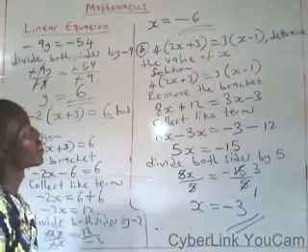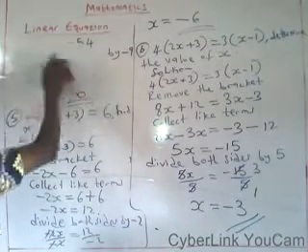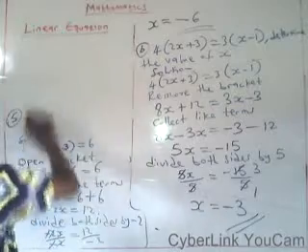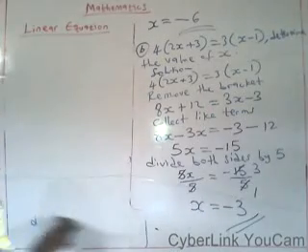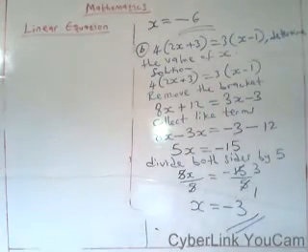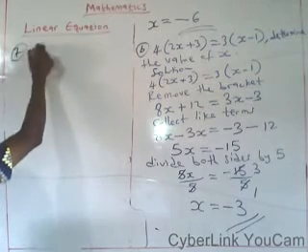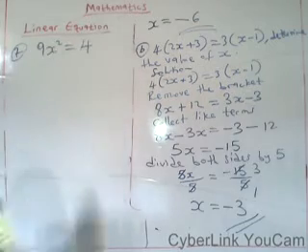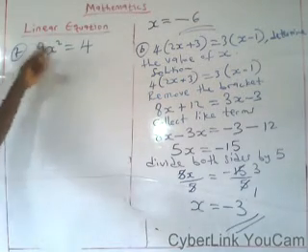Now for the next, let me say the last example for the day. The last example for today is when you have 9x squared is equal to 4. What brings about the square?